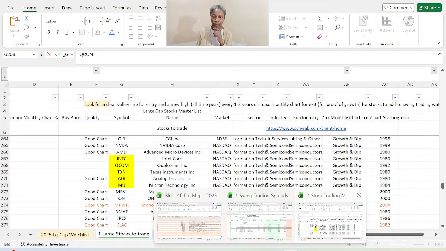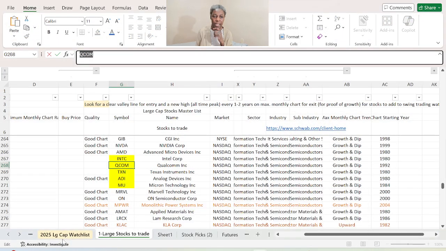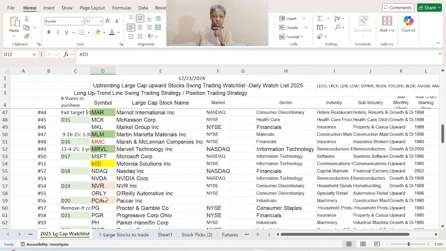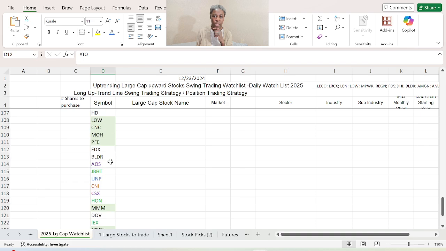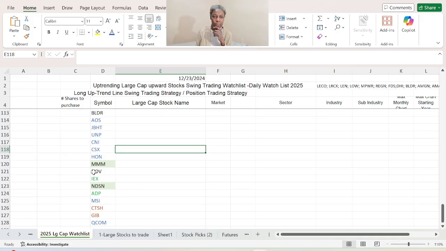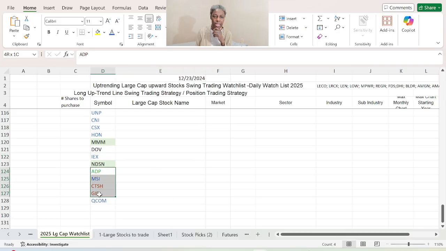And moreover, we can come back down here and go to those coming from our analysis for the watch list, and we can add it here. I think yesterday I was able to purchase 2 out of the list, but we have pretty much all of those that I want to buy, and I didn't have a lot of money in the account, so I had to make a decision.